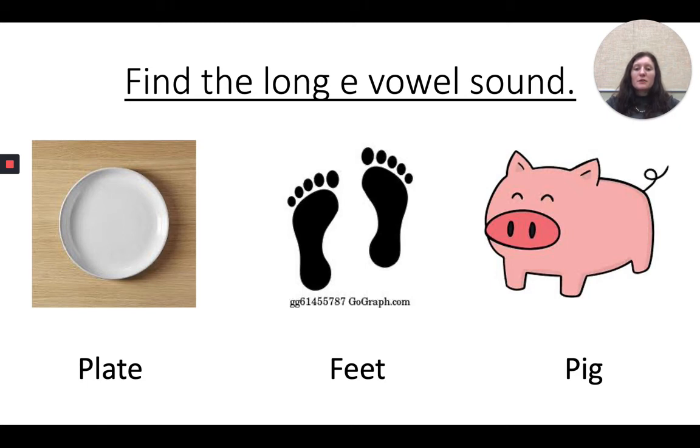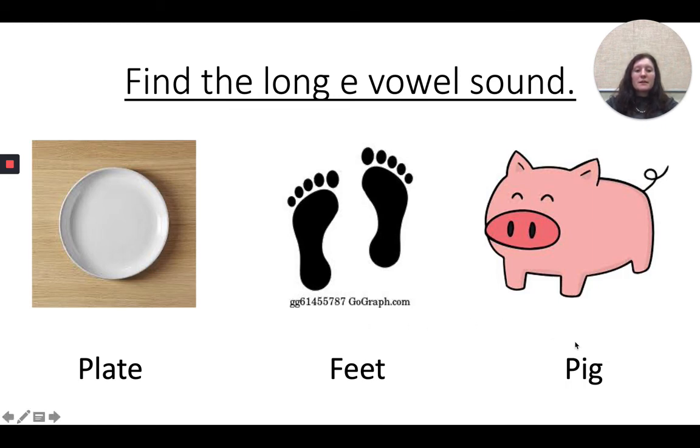So when we look at the word plate, we see that we have the E at the end, but not the vowel E in the middle of the word anywhere. So we know that plate is going to be out.